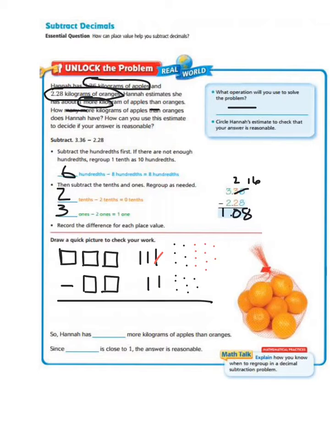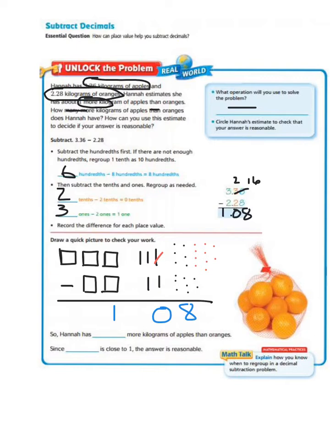So now we have 10 plus our 6 is 16 minus 8. If we take that, that's going to leave us with our 8. We now have 2 tenths minus 2 tenths leaves us with 0 tenths. And we have 3 minus 2 leaves us with 1.